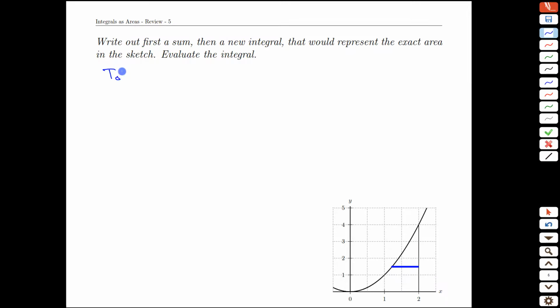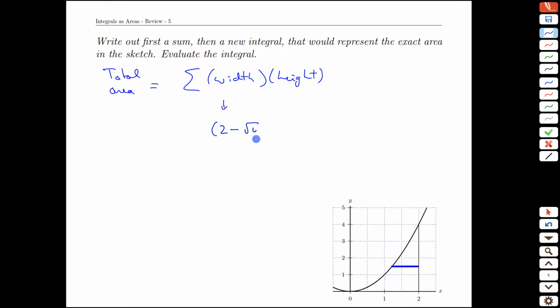Let's do that here. Our total area is going to equal adding up widths times heights. And we know where this goes next. The width we just found was 2 minus square root of y. The heights were all delta y's, and we had a sum of those.